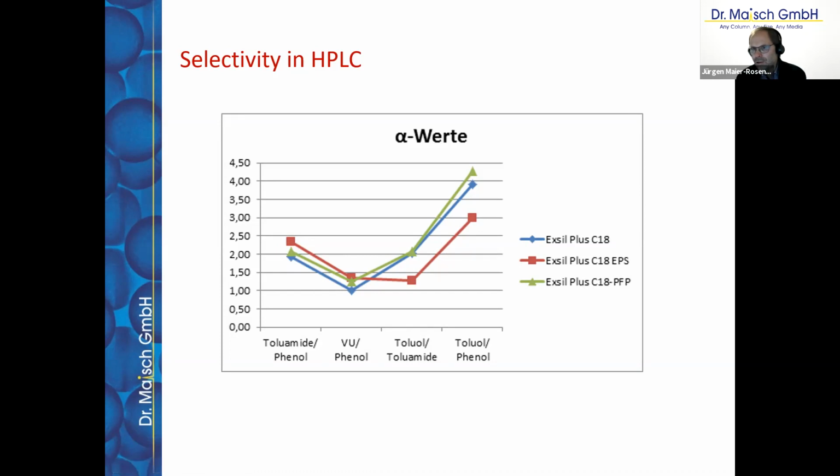And so a lot of end users don't start anymore with the standard C18. They are starting immediately with a column with such a very good overall selectivity, which allows a good way to success with such a column at a very early stage.